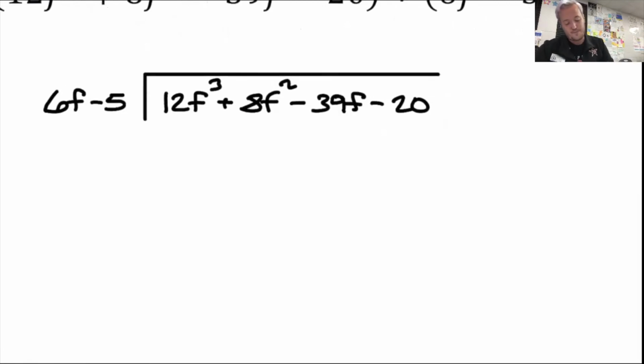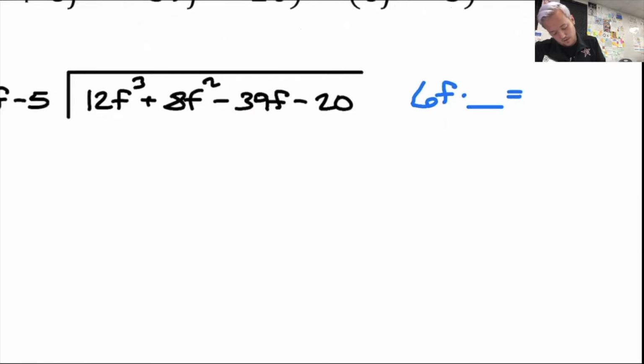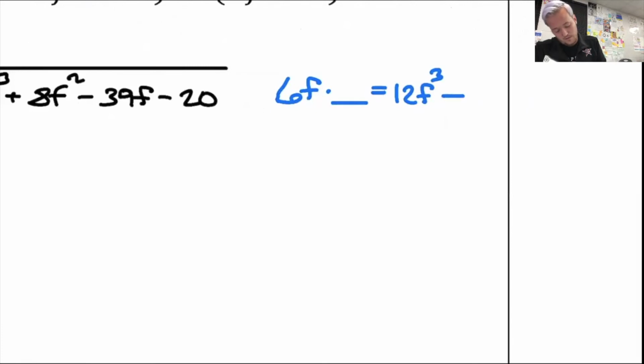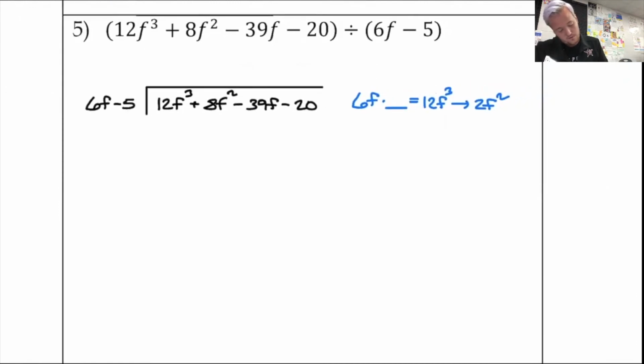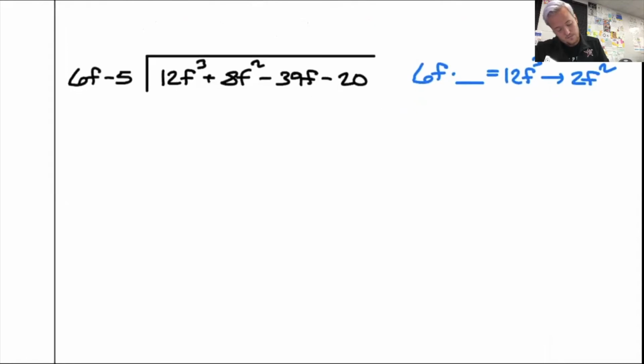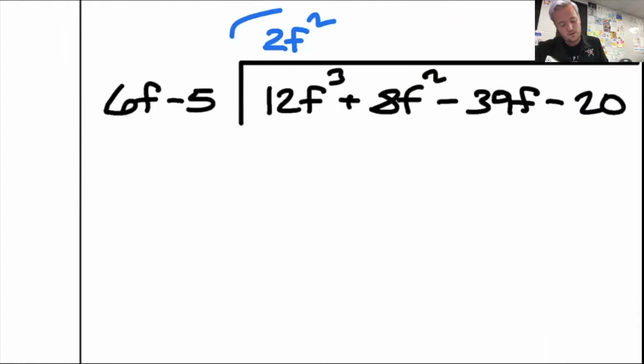So for the first step, 6f times some value to give you 12f cubed. So that value would be 2f squared. Let's move this over a little bit. So 2f squared is what I'm going to write across the top. So I'm going to multiply 2f squared times 6f minus 5.